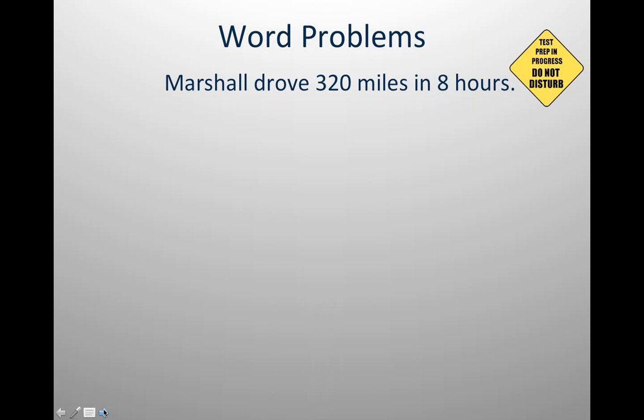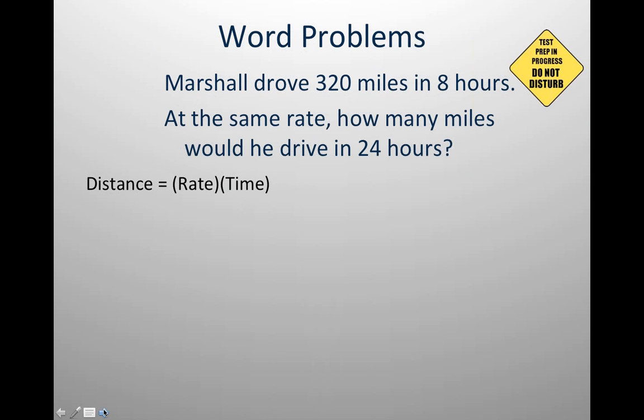Okay, this type of problem is going to be a DTR problem. DTR problems is distance equals time times rate. And so in this problem, we've got to figure out what's her rate of speed. Now unit rates and rate of speed are all the same. Then we'll see another one that talks about conversion rates.